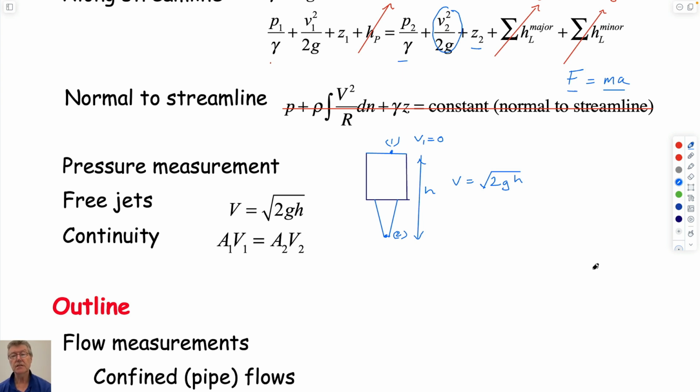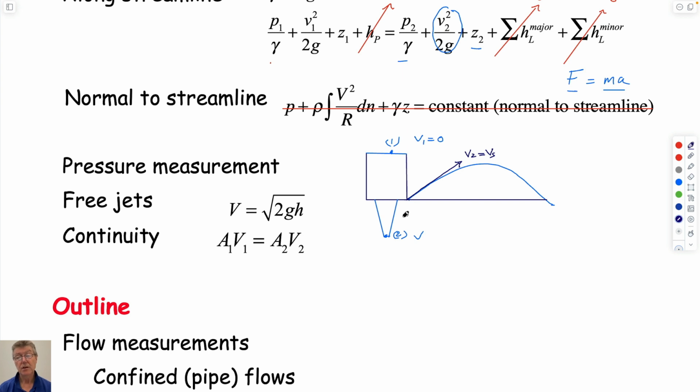We could turn this on its side. Now I've done this. And instead of having it come out of the bottom, we could have it come out of here. If we do that, we can do the same thing. In terms of Bernoulli, we're talking about streamline velocities, v2, which is also a streamline velocity.